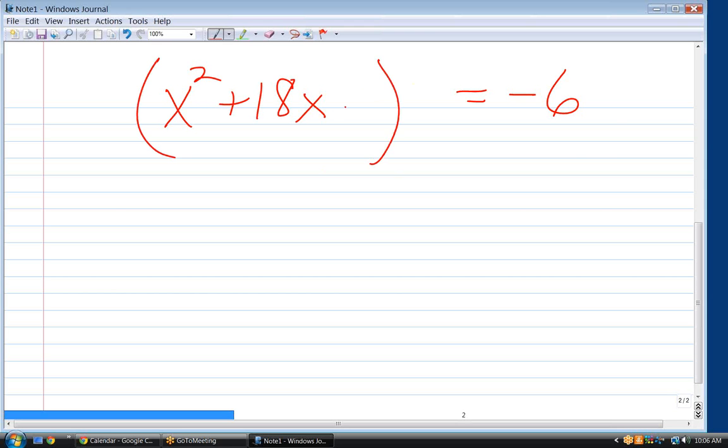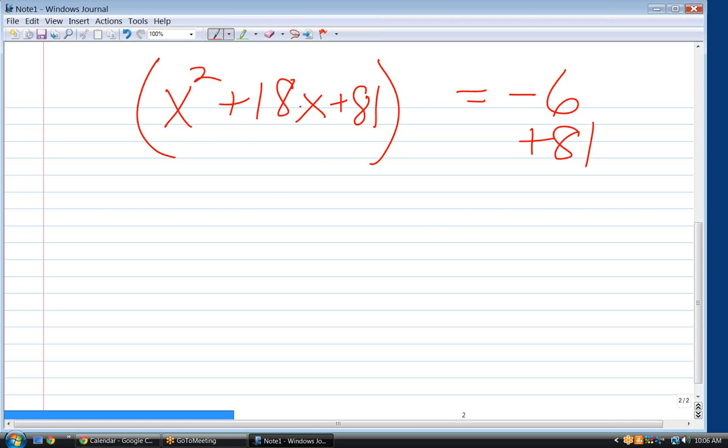x squared plus 18x plus 6 equals 0. Okay, so we're going to take the 6 on the other side. Complete the square. Plus 81. Plus 81 on that side too.